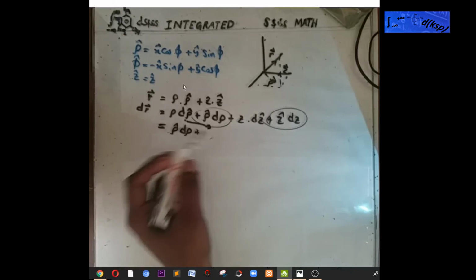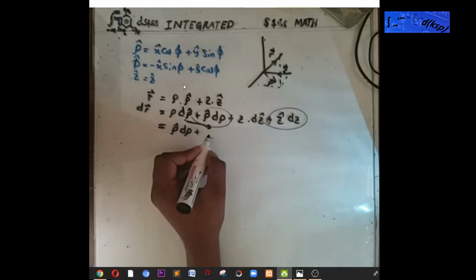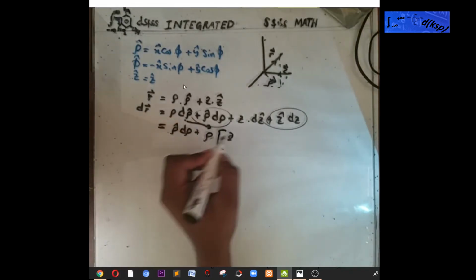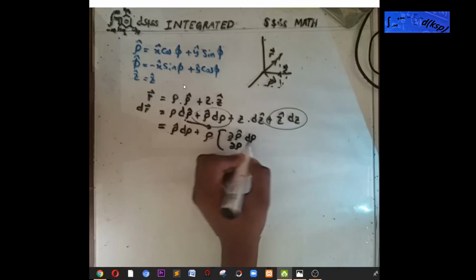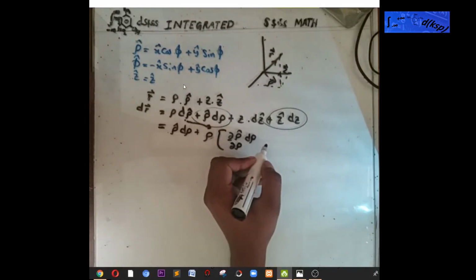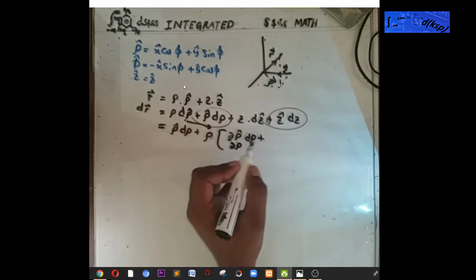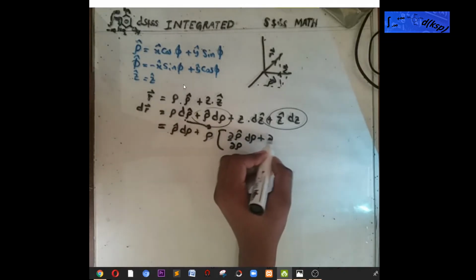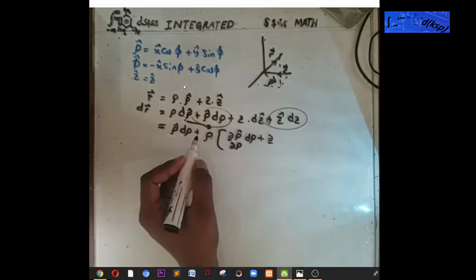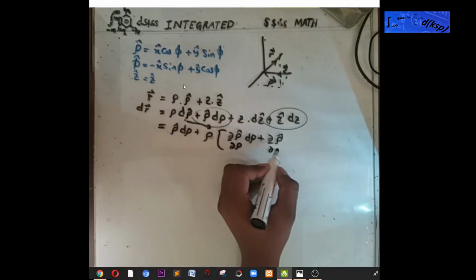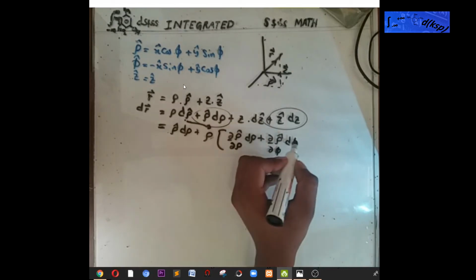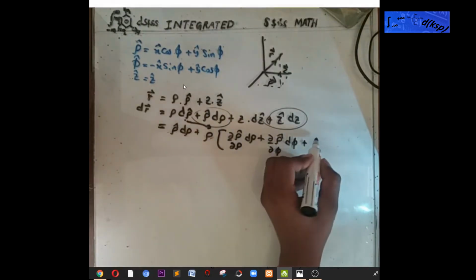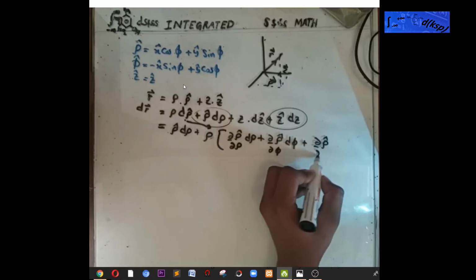Using the chain rule, the first can be written as rho times the partial of rho hat with respect to rho times d rho, plus the partial of rho hat with respect to phi times d phi, plus the partial of rho hat with respect to z times dz. This is just calculus, the chain rule for partial derivatives.